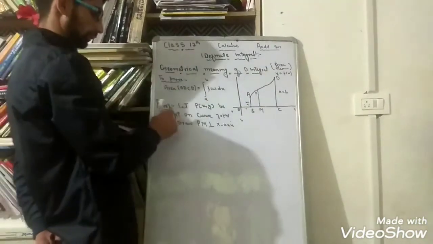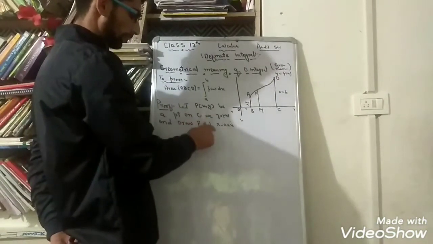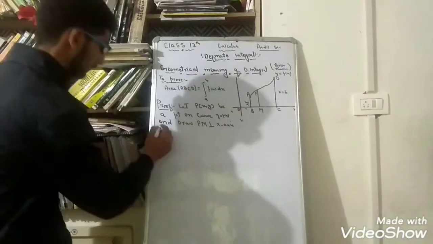Let P(x, y) be a point on the curve y, and draw PM perpendicular.